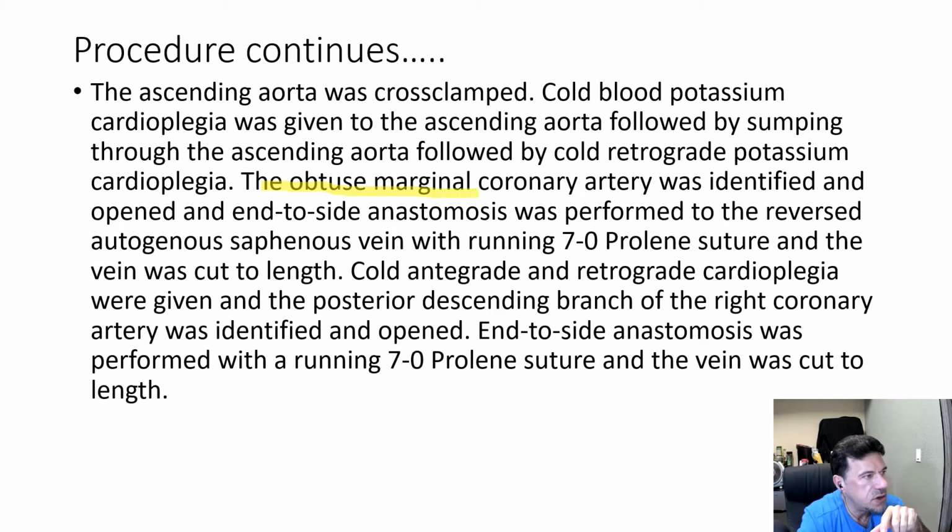Now we have the obtuse marginal coronary artery was identified and opened, and an end-to-end anastomosis was performed to the reverse autogenous saphenous vein graft.